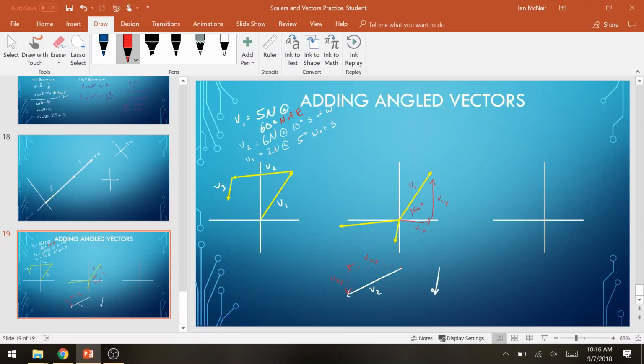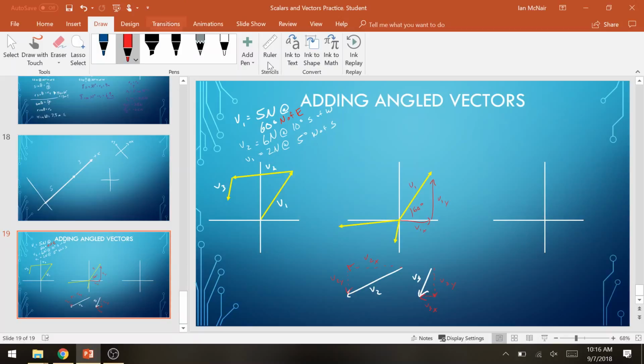This one's more like, ooh, that's still really small. So I'm actually gonna exaggerate it a little bit so it's easier for me to draw. So this is V3, and then we have V3y and V3x.